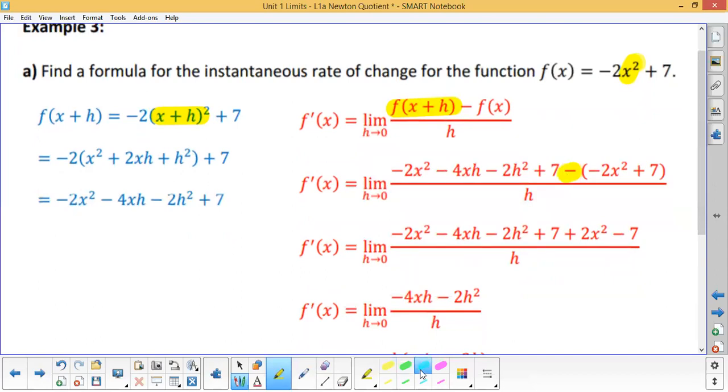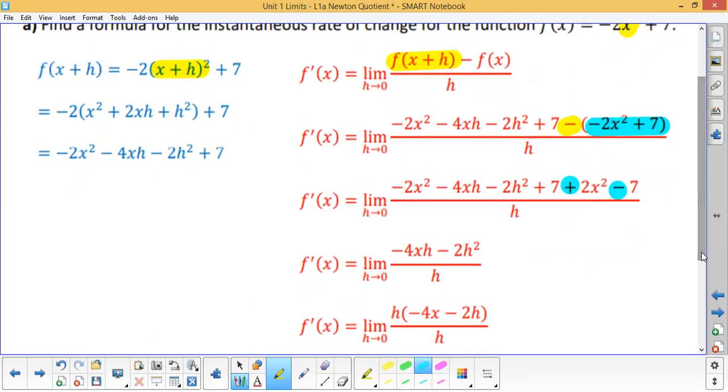That will change the sign of everything in f of x, which is precisely what happens. We always want to factor out that common h to eliminate with the h in the denominator.